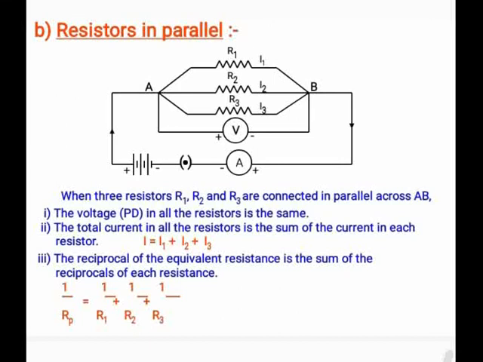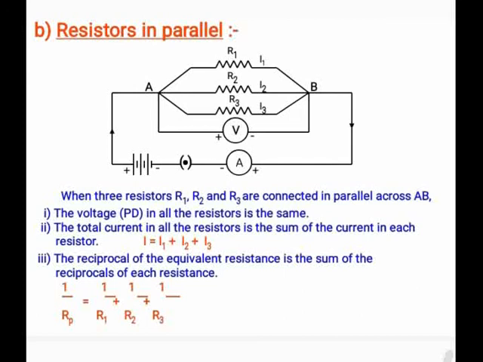Resistors in parallel. When three resistors R1, R2 and R3 are connected in parallel across two points A and B according to the above figure, then the voltage or potential difference across all the resistors is the same, and the total current is the sum of the currents in each resistor: I = I1 + I2 + I3.